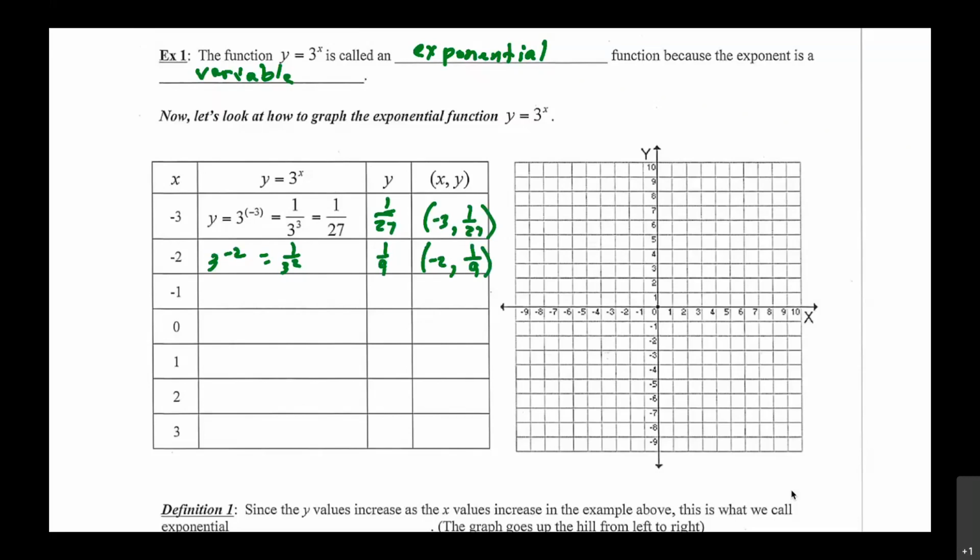Another one: if I plug -1 in, 3 to the -1st power is 1 over 3 to the +1st, which is just 1/3. So I plugged in -1 and got 1/3 as an answer.